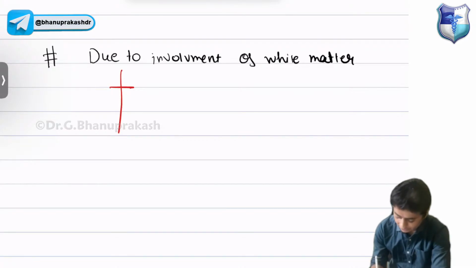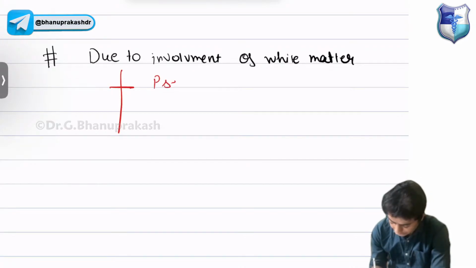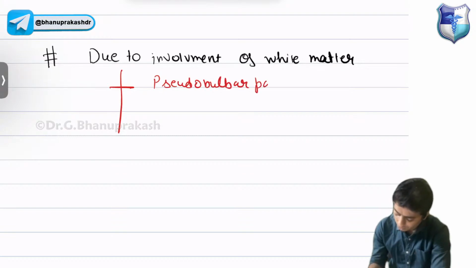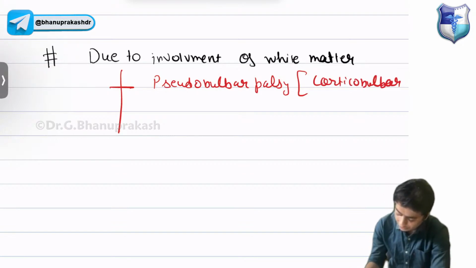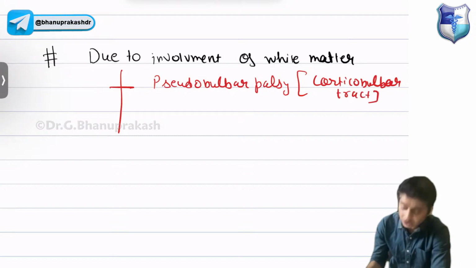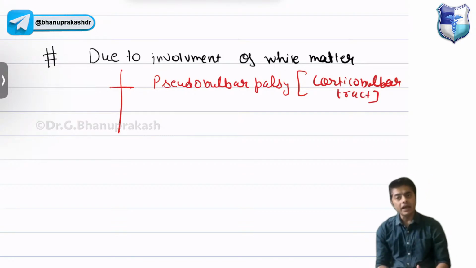Due to involvement of white matter, there can be pseudobulbar palsy. Your corticobulbar tracts are made of white matter, and if corticobulbar tracts are damaged, then there will be pseudobulbar palsy.